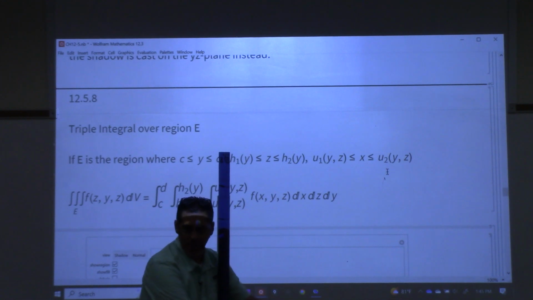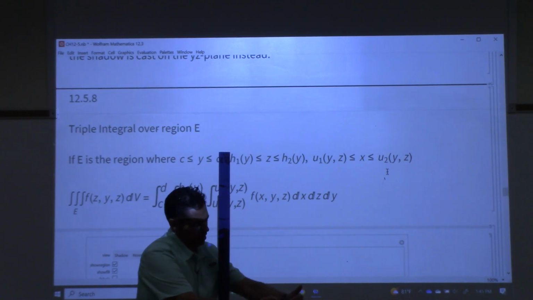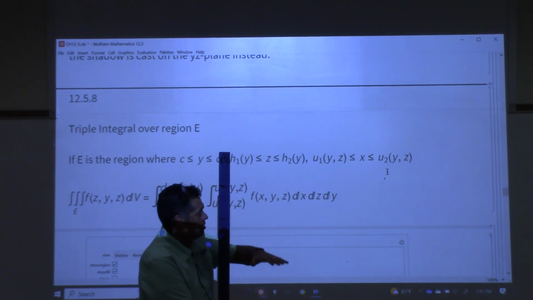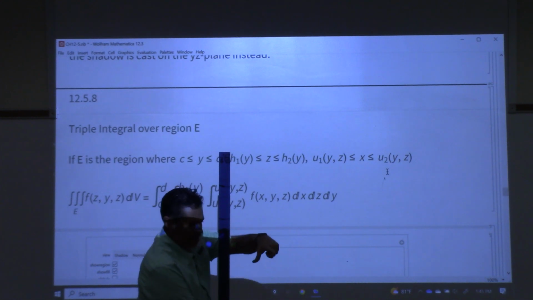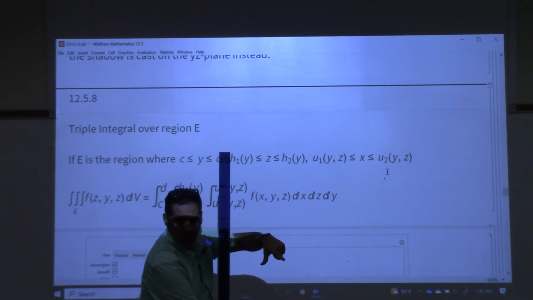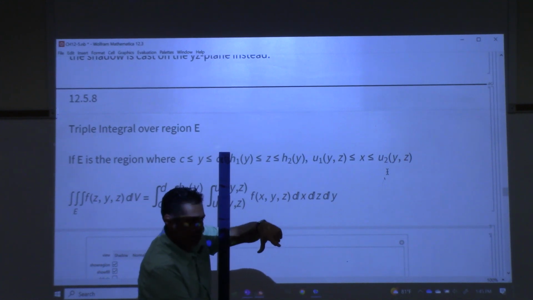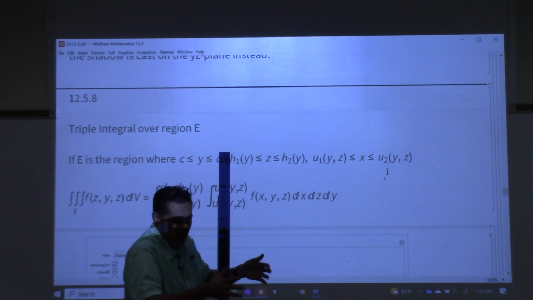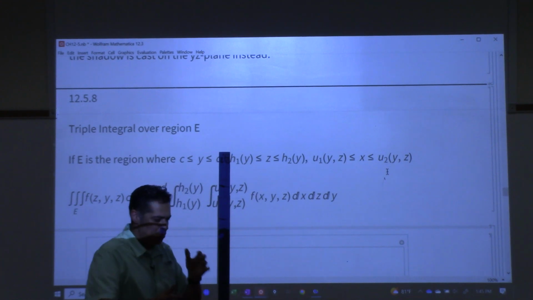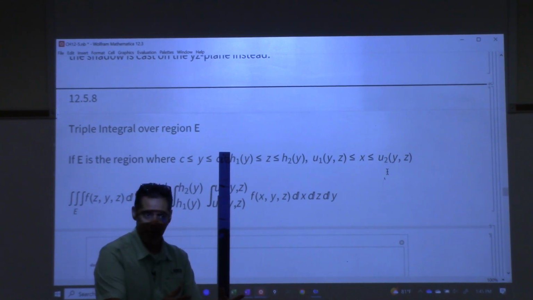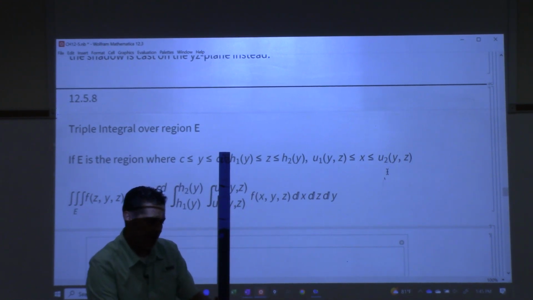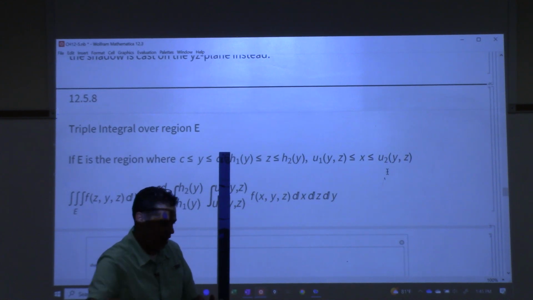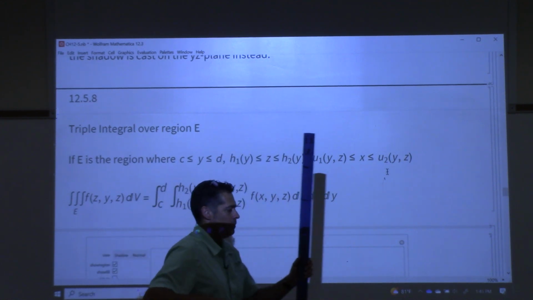So you have the y between 2 constants, like this, and then your z values are between 2 functions. So this is our shadow over here. Y is between 2 constants, z is between 2 functions of y, and the x value is stuck between 2 surfaces out here. So you have an x surface here and an x surface here. Shadow being cast this way.